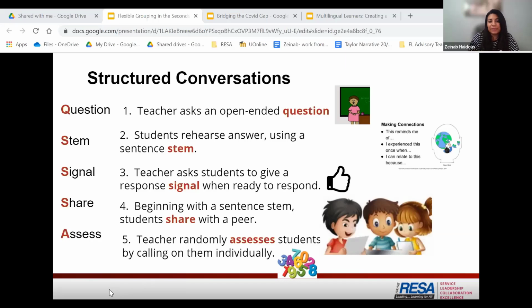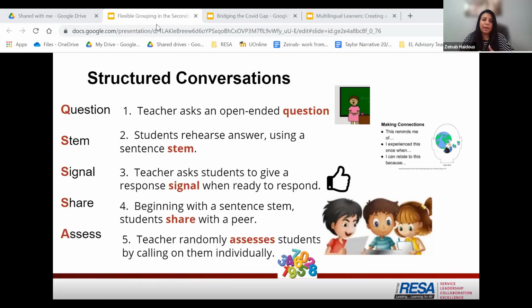Then you provide them with a signal. And this is done, like you tell them, when you think you have an answer in your mind, let me know by putting your pencil down, or putting a thumbs up against your chest, or putting your finger on your nose for the little ones. And this is very important because it really builds in that wait time for English learners to be able to process the content.